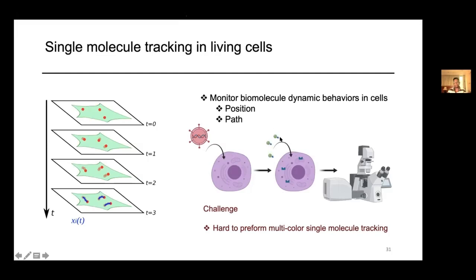This allows the permeable dye to tag the targeted protein, and after the incubation, we can wash the cells and send them to the microscope for imaging. This standard protocol is robust for tracking a specific protein. However, if we want to analyze the interaction of two or more types of protein, the protocol is not practical. And I will tell you why.